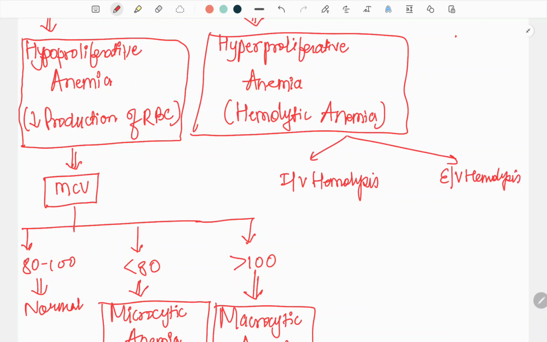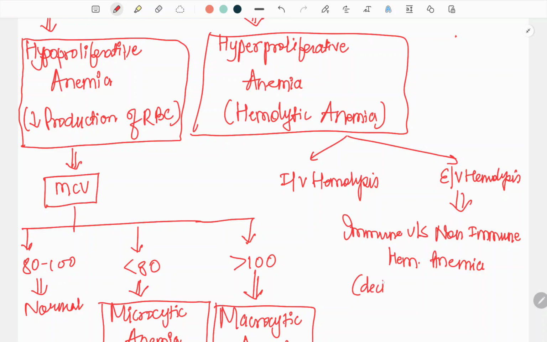In extravascular hemolysis, you can have immune versus non-immune hemolytic anemia, and this is decided by Coombs test. Fine.